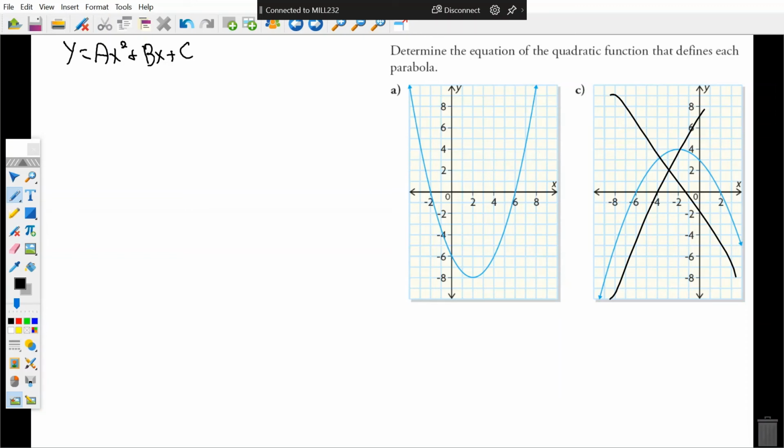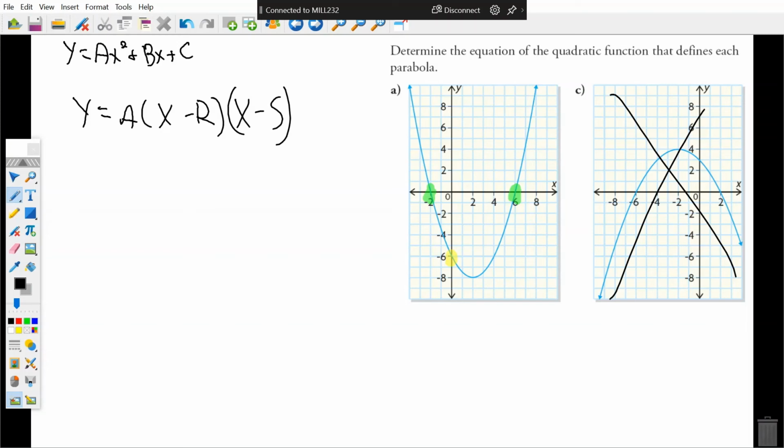So we start by identifying our y-intercept and our x-intercepts. The y-intercept is -6, and the x-intercepts are -2 and 6. So if we go into our factored form, y equals a times x minus r, x minus s.